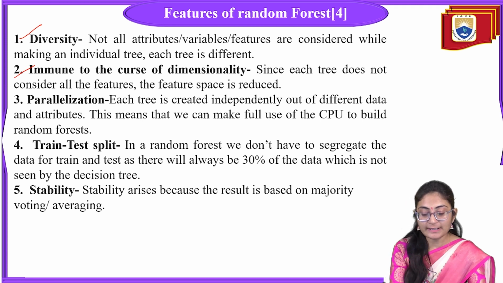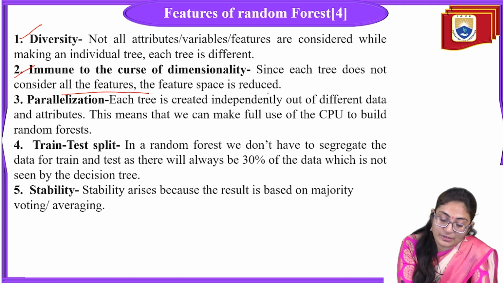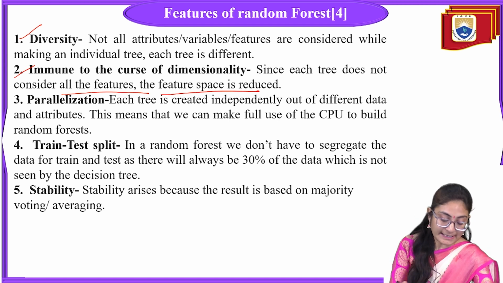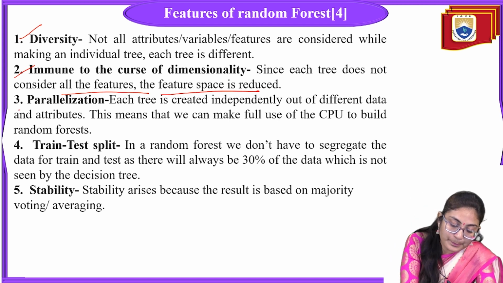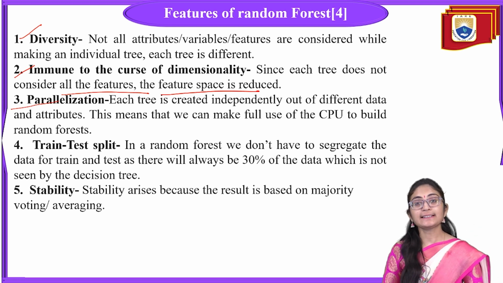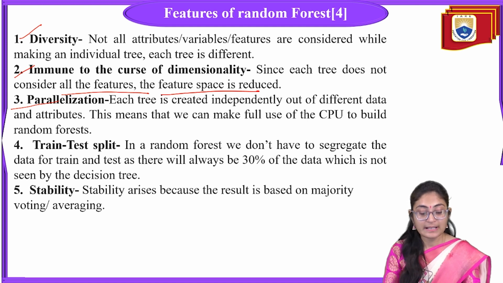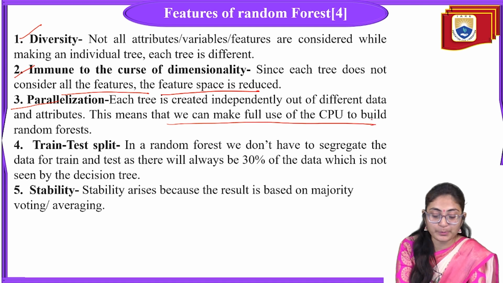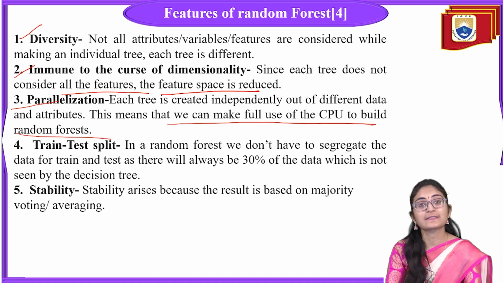Since each tree does not consider all features, the feature space is reduced. Then third one is parallelization. Each tree is created independently out of different data and attributes. This means we can make full use of the CPU to build the random forest.